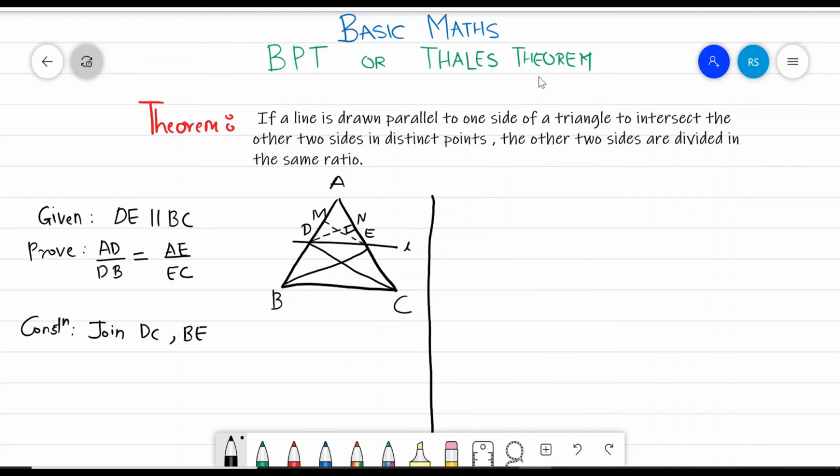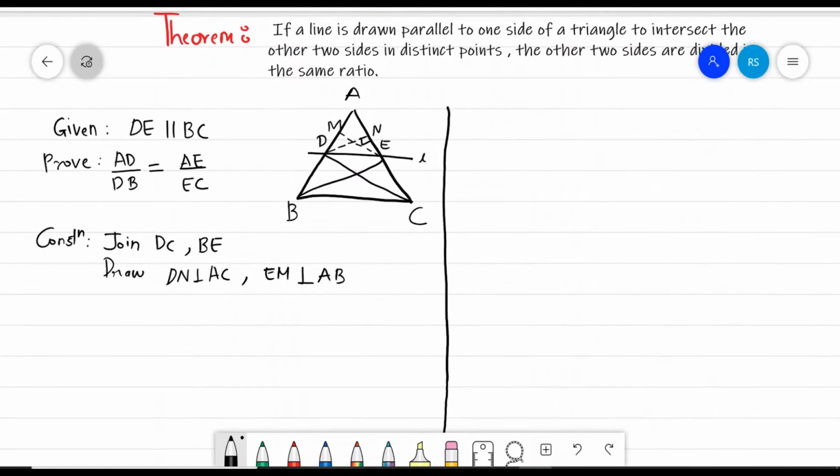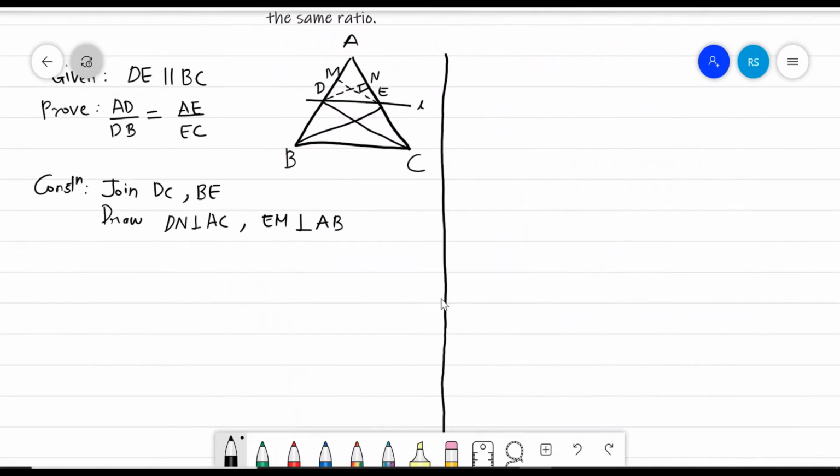We'll name it as M. So the second construction is draw DN perpendicular to AC and EM perpendicular to AB. So we got the construction, and now we can prove it.